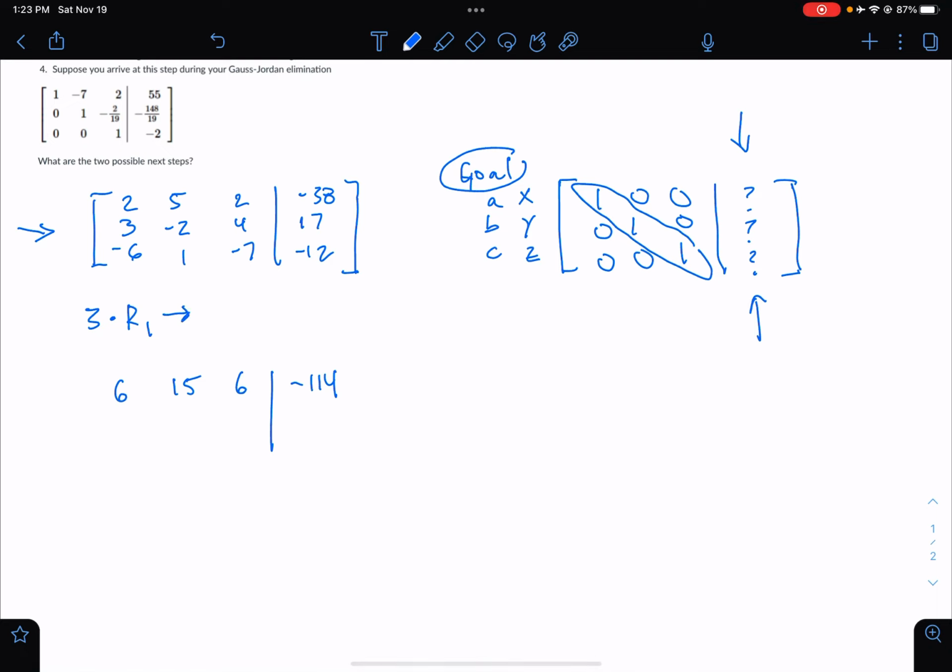And then we're just going to leave everything else the same. So we'll get 3, -6, -2, 1, 4, -7, 17, -12.